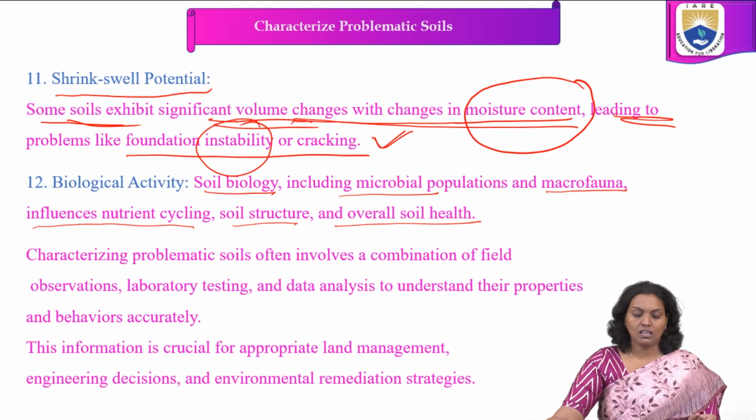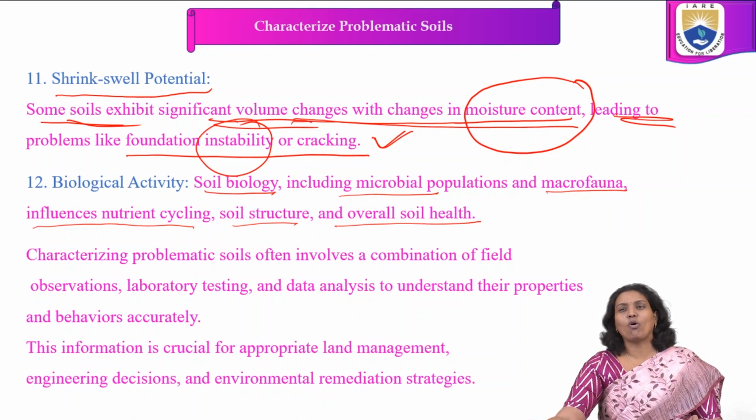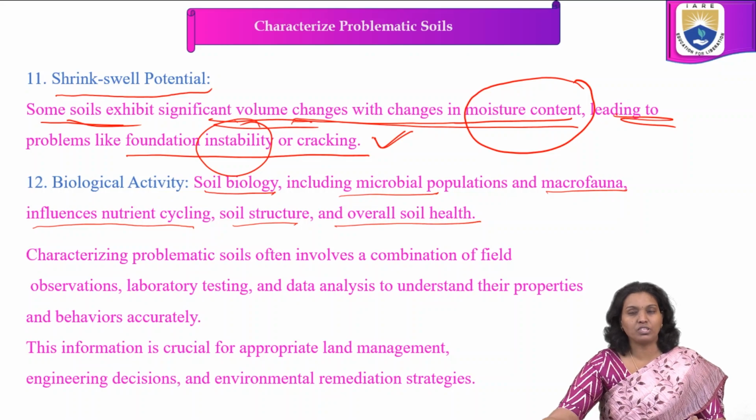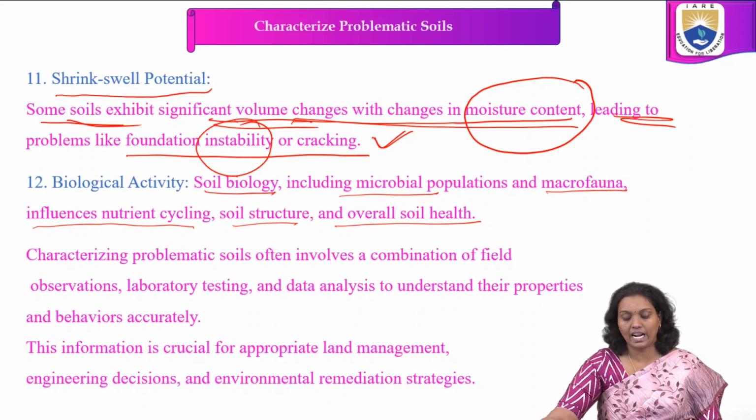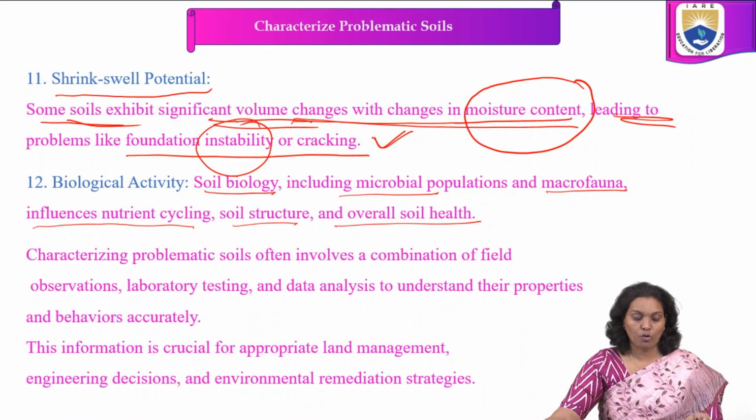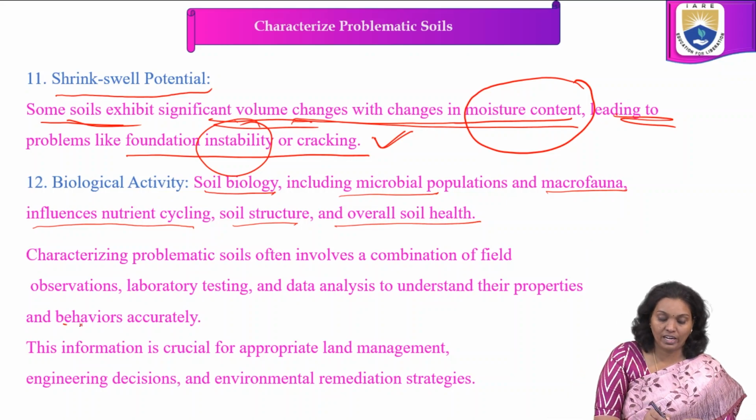Characterizing problematic soils often involves a combination of field observations, laboratory tests and data analysis to understand their properties and behaviors accurately.